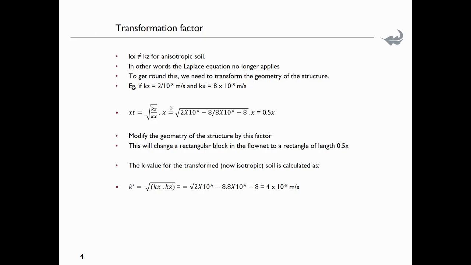X is the x direction. Modify the geometry by this factor. So this will change a square block in a flow net to a rectangle of length 0.5. So the K value for this transform, which we now assume to be isotropic soil, is calculated in the following manner, and that gives us a new value for K, 4 times 10 to the minus 8 meters per second.